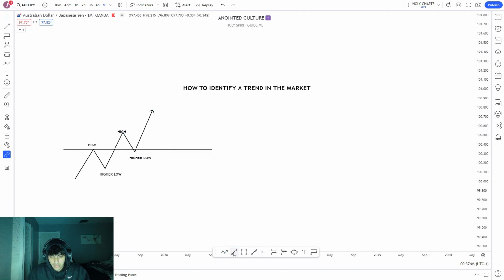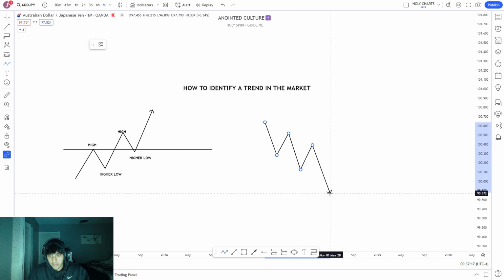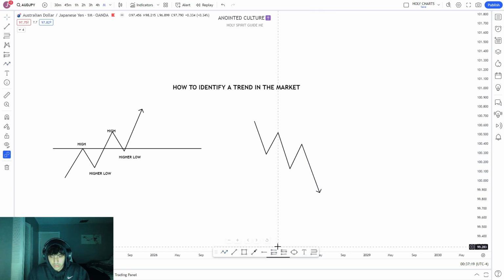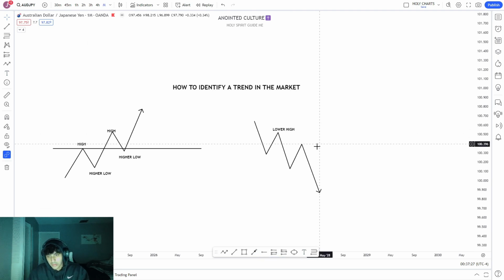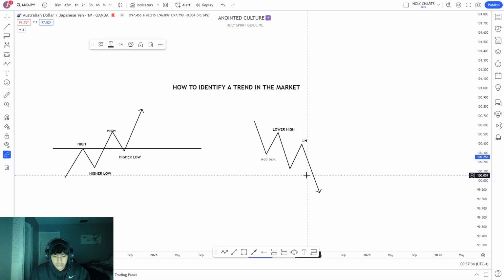So for a downtrend, we have a low, a lower high, a lower low, a lower high, and then a lower low. So this will be a lower high, another lower high, and then these would be a lower low, a lower low, and a lower low.